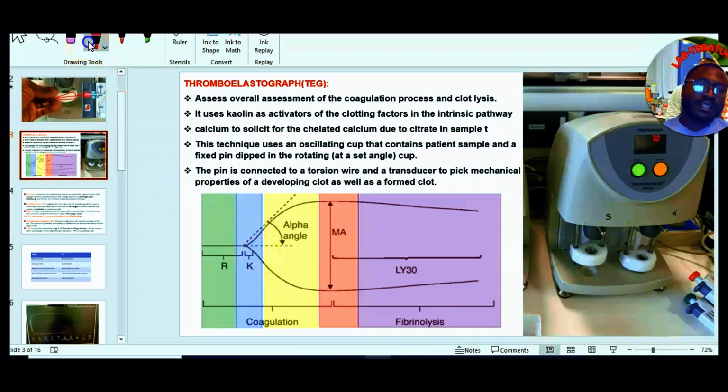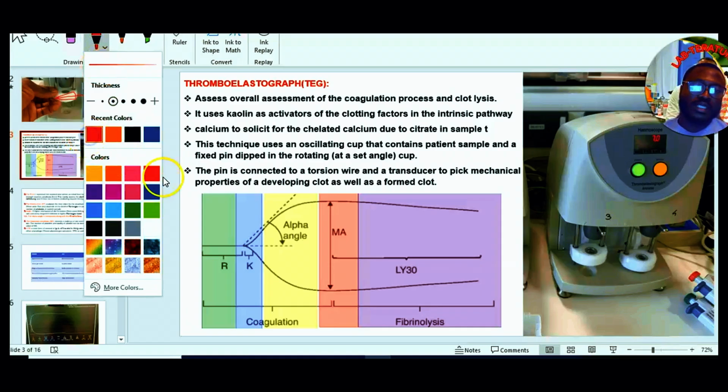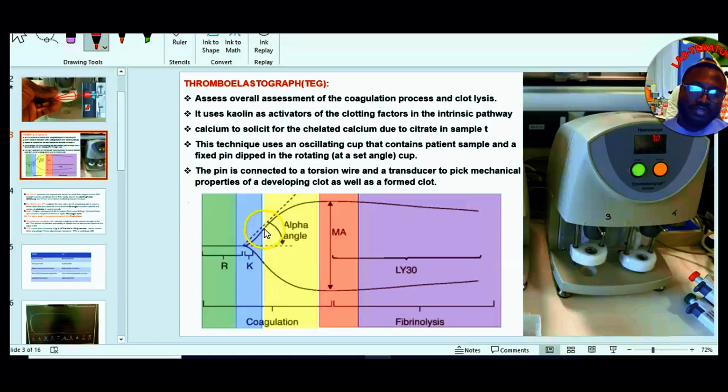So let me get a pen and show you what exactly I mean. If your 20 millimeters of clot has formed at this point, it means that your K time, or kinetic time, should be from the time that the R ended to the time that the 20 millimeters formed.